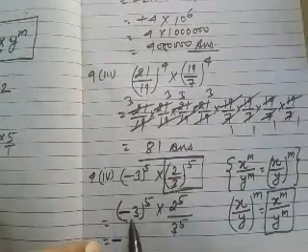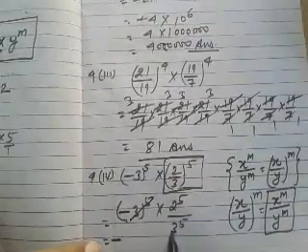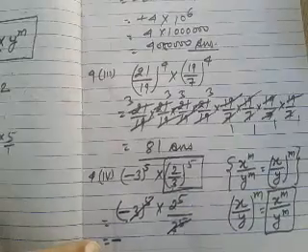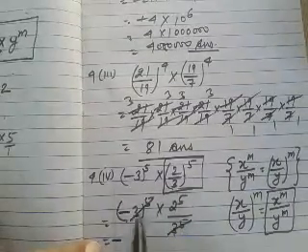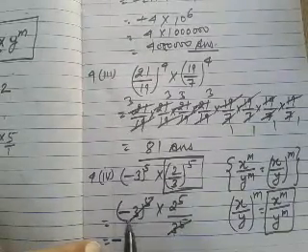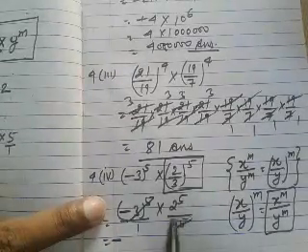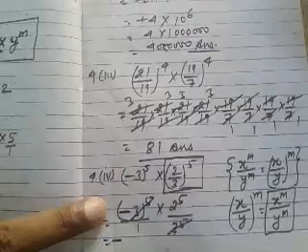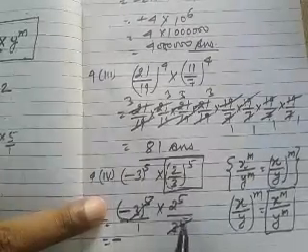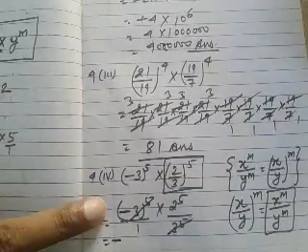So this 3 raised to the power 5 is cancelled out by the 3 raised to the power 5, because this number is written in the denominator and this number is written in the numerator.